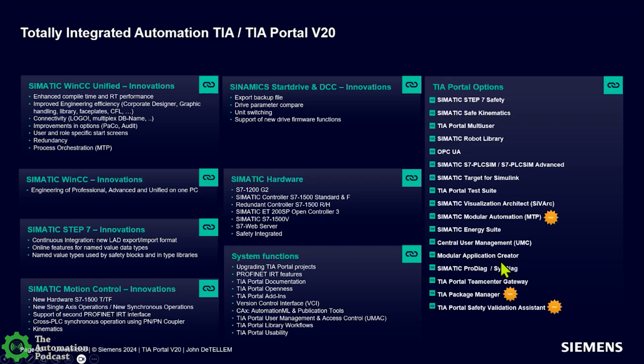We've got the whole plethora of different things from simulation, Energy Suite, the Teamcenter Gateway. It's impossible to try to cover all these in one session, but I'm going to just highlight a couple of them in the next few slides just to close it out and leave it open for the next topics.